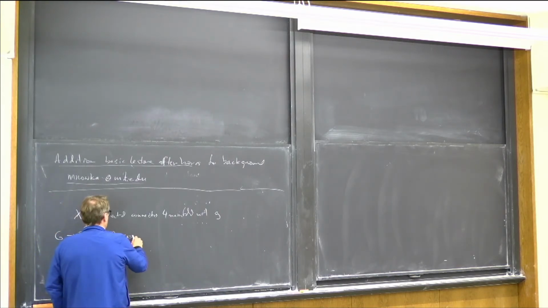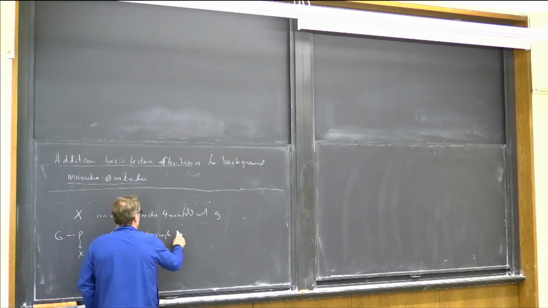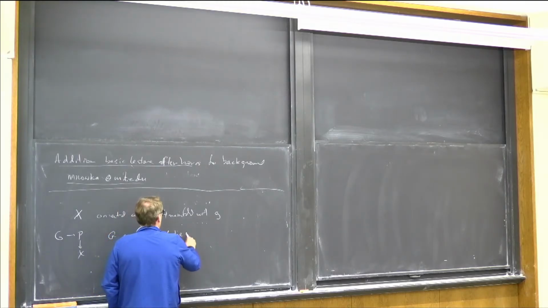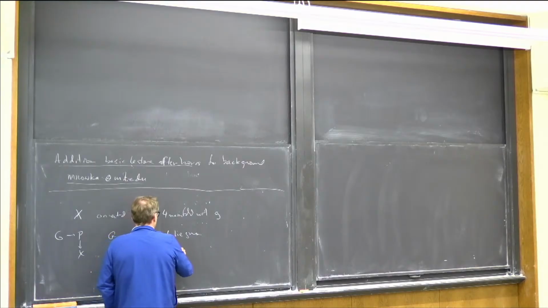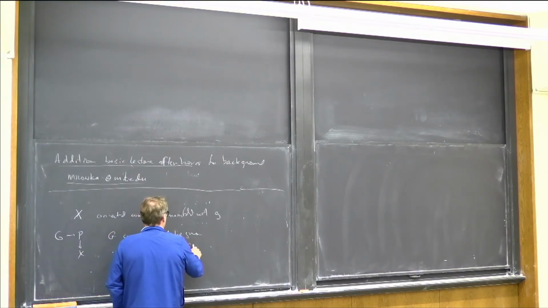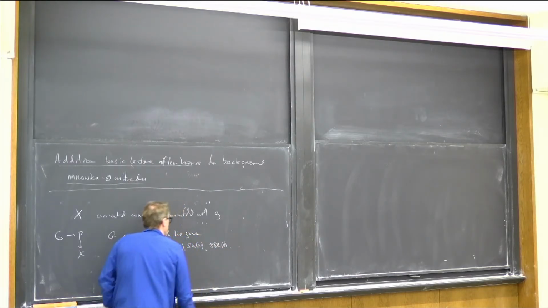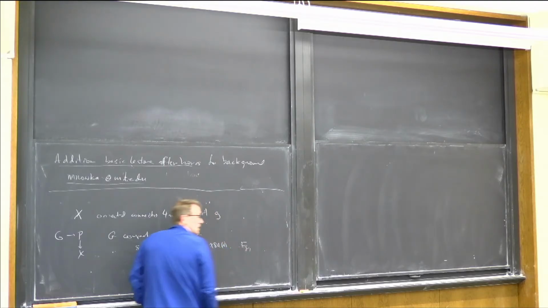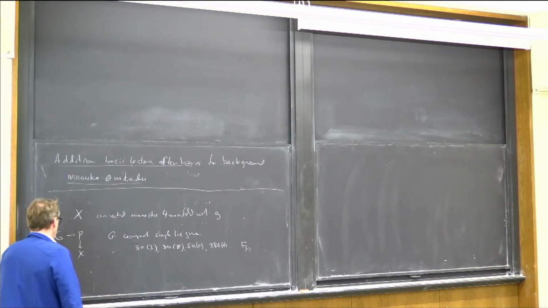G is compact. Let's keep it simple. Lie group, so I think SO(3), SU(2), SU(N), PSU(N), whatever. Maybe E8. That would be fun. Well, one of these guys.